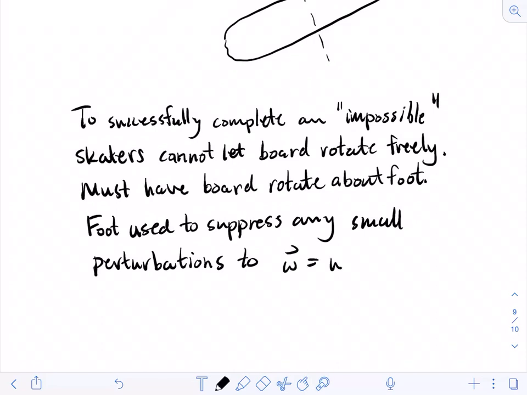So we want that angular velocity to be along the second principal axis. And you want to suppress those perturbations because if they exist, which they always do, they will grow exponentially.